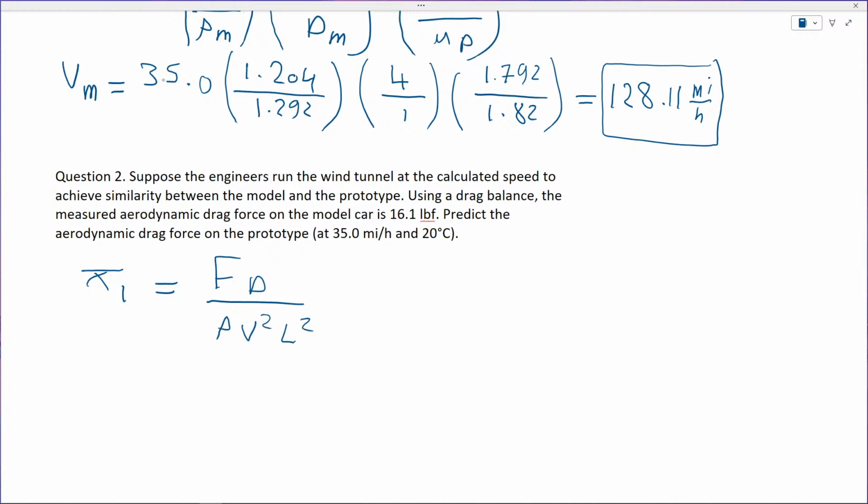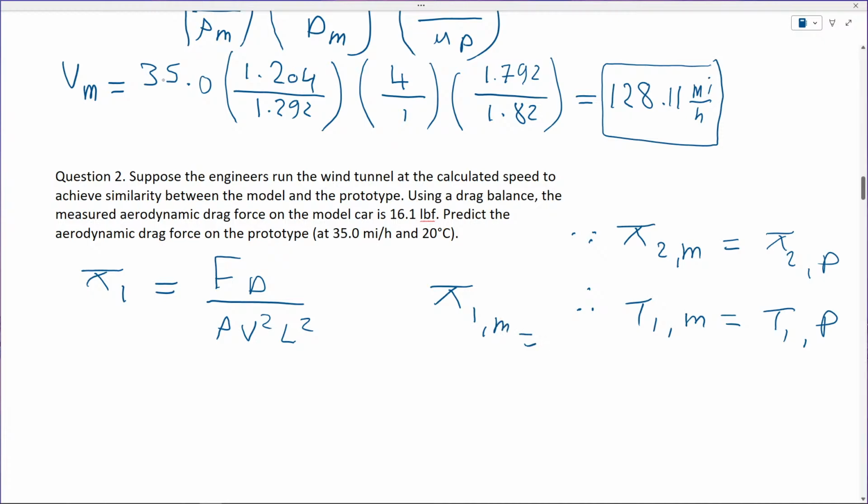And same thing as we did before, since pi2, the independent variable, of the model is equal to pi2 of the prototype, therefore pi1 of the model is equal to pi1 of the prototype.